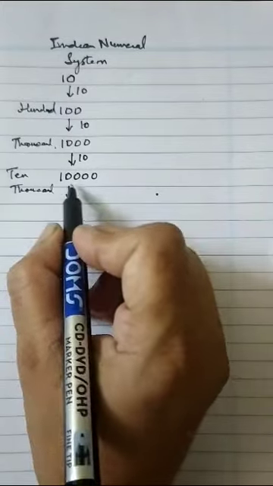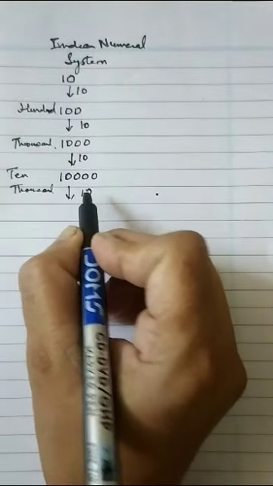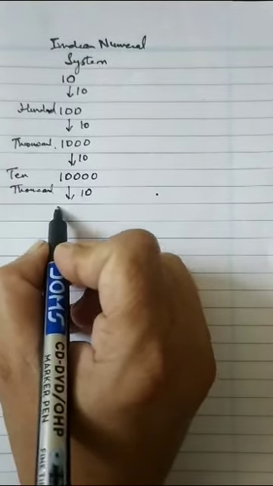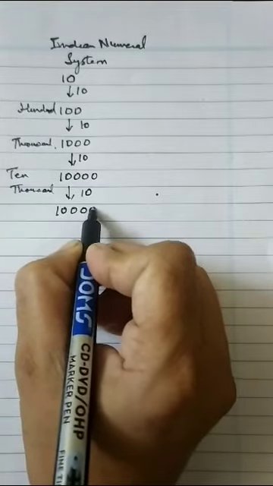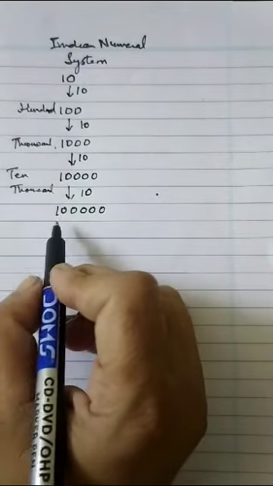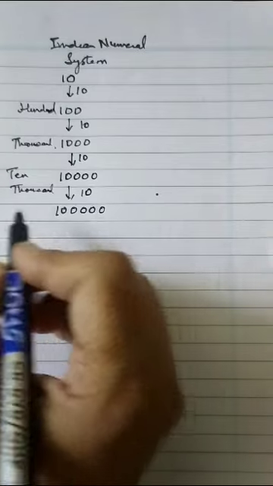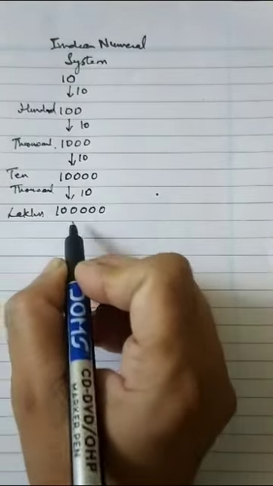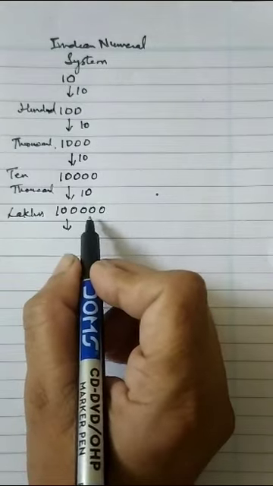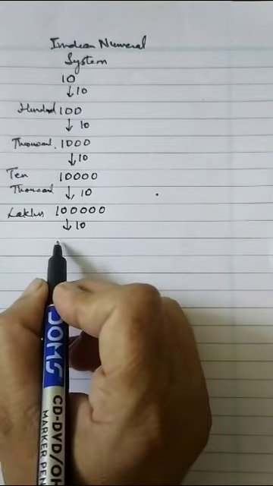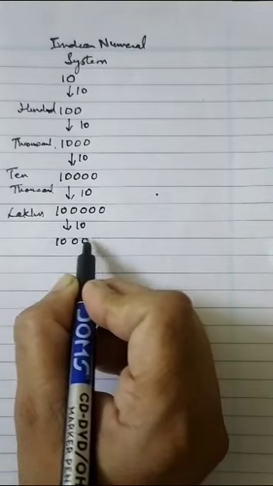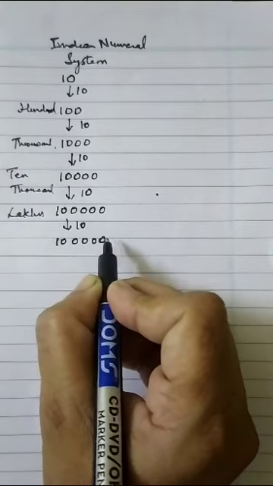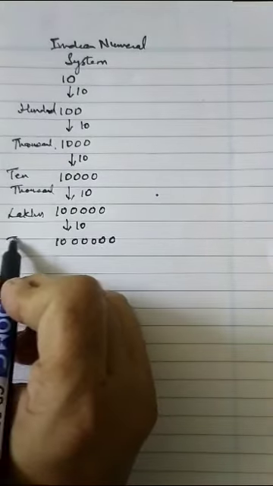Then if I multiply this 10,000 with 10, I get 5 zeros, and this number is called lakhs. If I multiply lakh with 10, I would get 10 lakh, having 6 zeros.